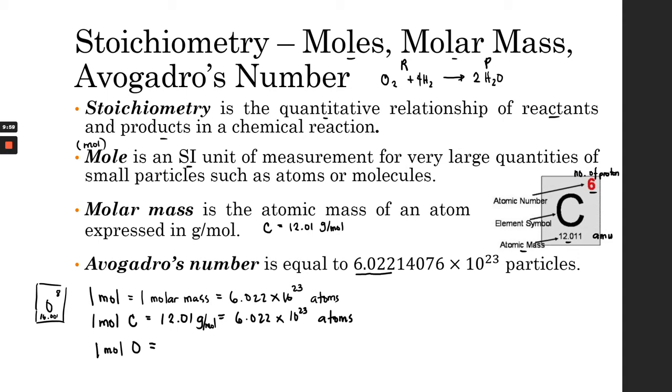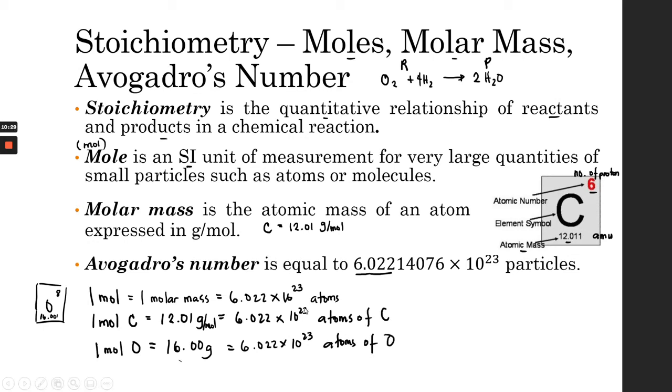So 1 mole of oxygen is about equal to its atomic mass. If I have 16.0 grams of oxygen, I basically have about 1 mole. And that 16 grams of oxygen is about equal to 6.022 times 10 raised to 23 atoms of oxygen.